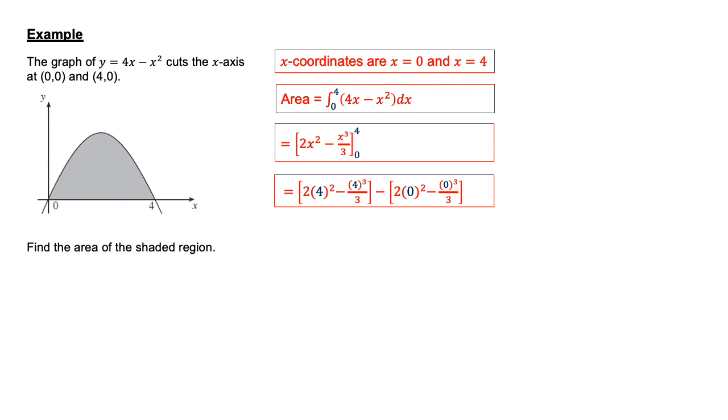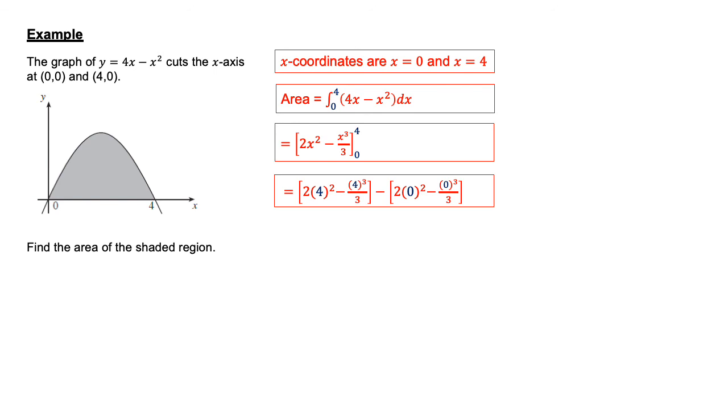We work that out on a calculator or in your head obviously, and then now I've got to substitute 0, the bottom number, which is the x equals 0 coordinate, into the expression. Now obviously sometimes it's quite easy because all the terms in that second square bracket are naught, aren't they?